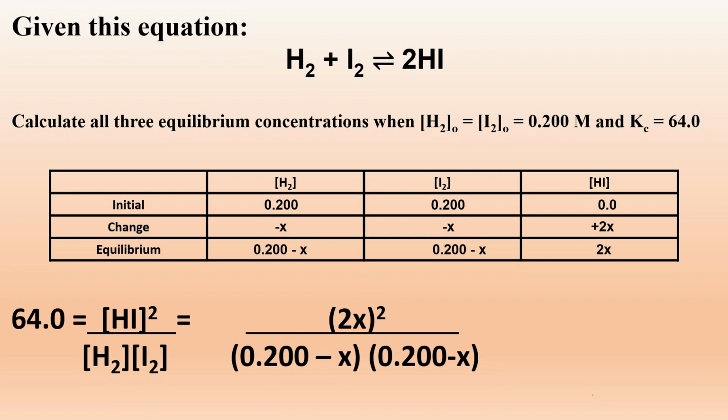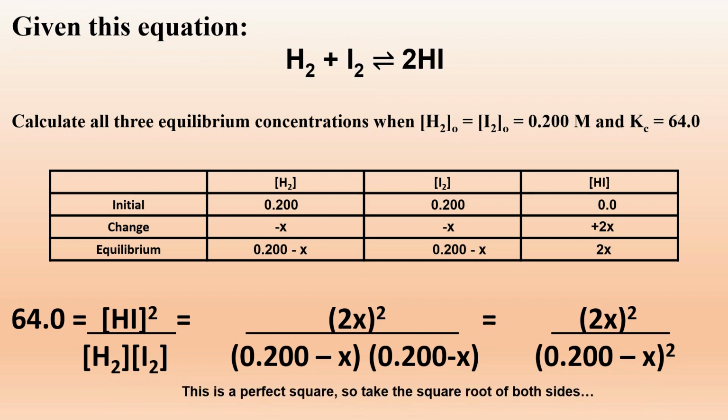Inserting the values from the ICE table at equilibrium yields the following. 2x squared is divided by 0.200 minus x times 0.200 minus x. This simplifies to 2x squared divided by 0.200 minus x squared.